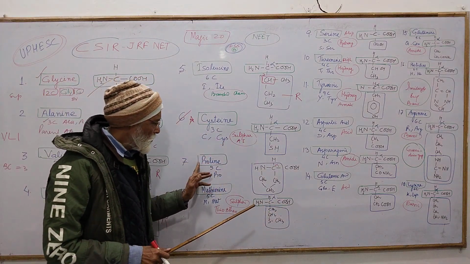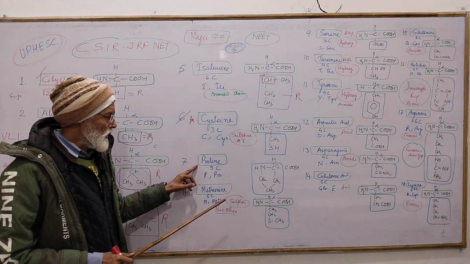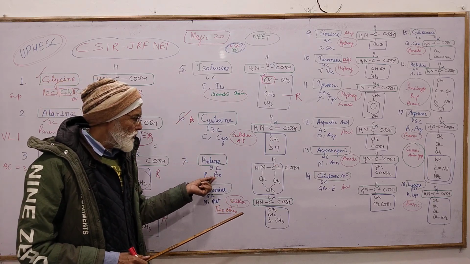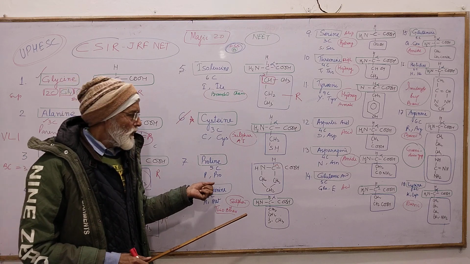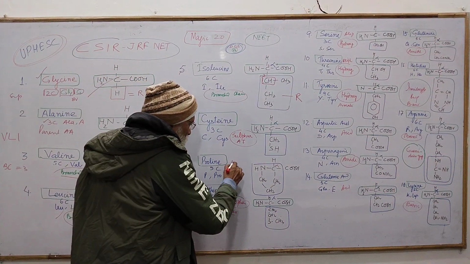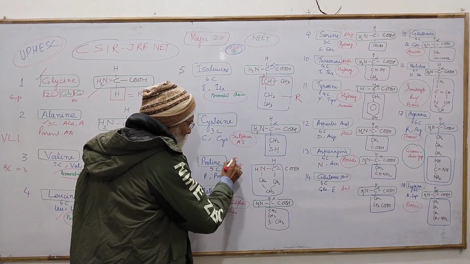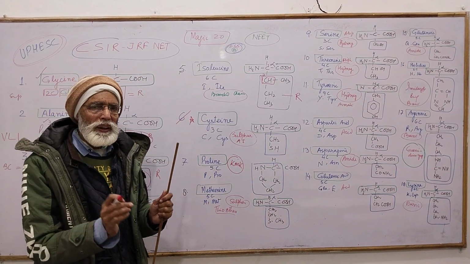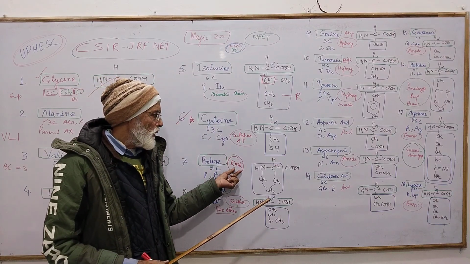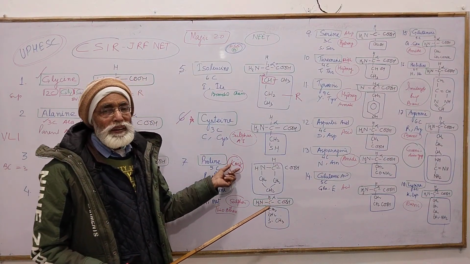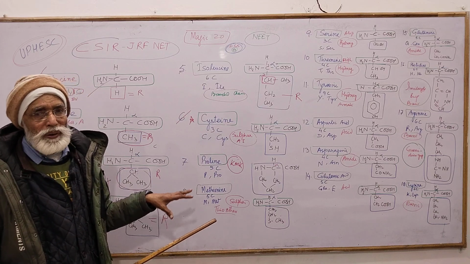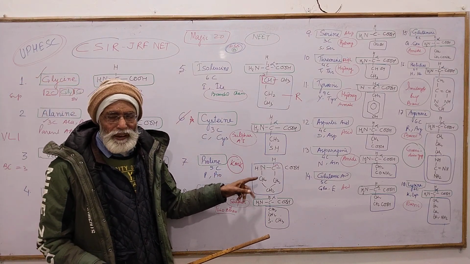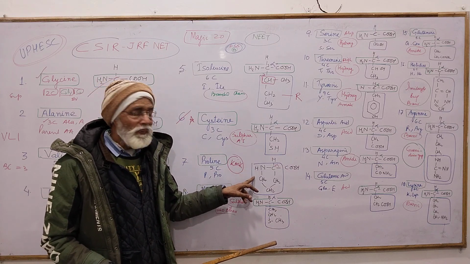Like here, proline. This proline is a very complex type of amino acid, represented by Pro and the letter P. Okay, a very important question: which of the following amino acids forms a kink or a bend in the polypeptide chain? Your answer is proline. And remember, in proline the amino group is not free and is involved in the formation of a ring.